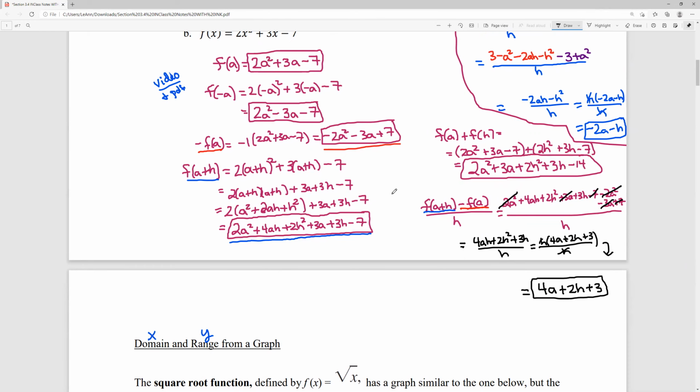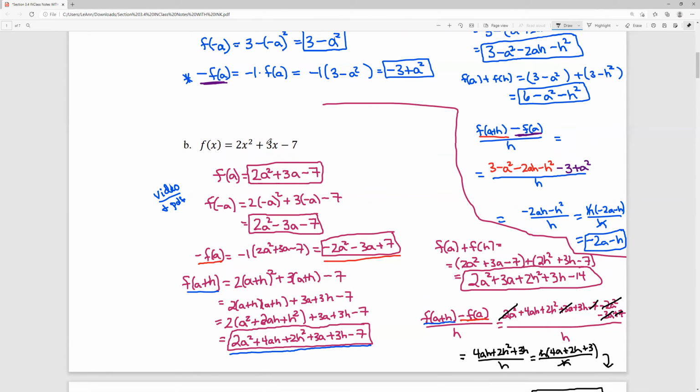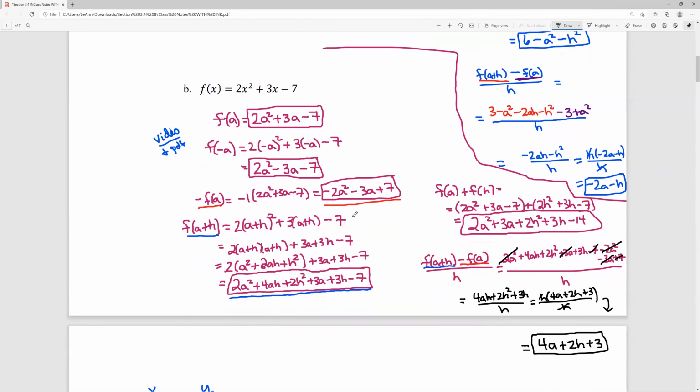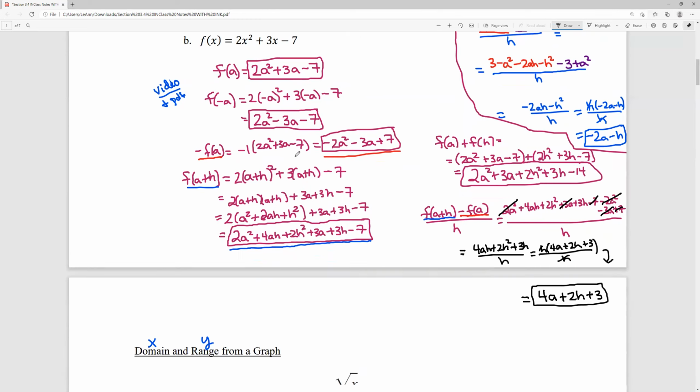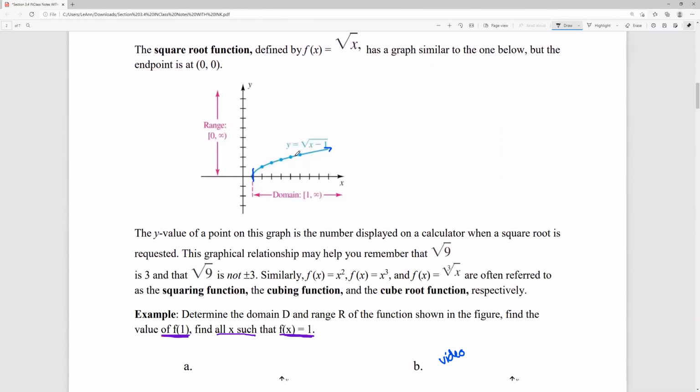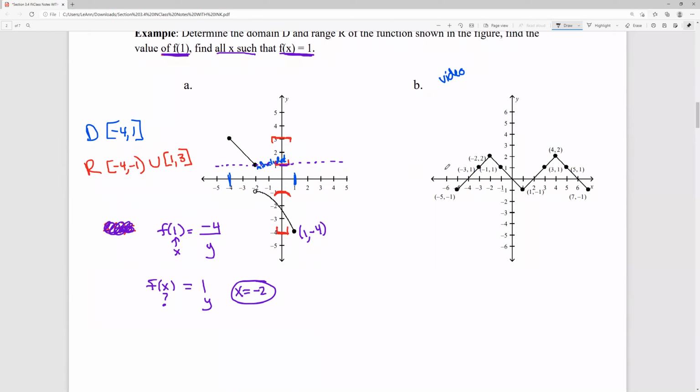All right, so that one was a little bit more complicated just because there were 2 x spots, but the idea of what we did in the first example, it still carries through. It's just plugging in the part in the evaluation in the parentheses for your x's and working out what you can.